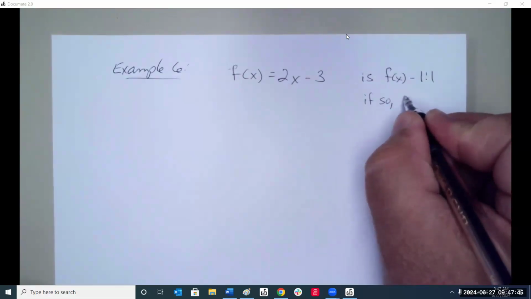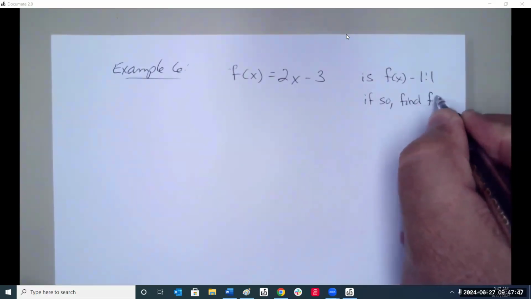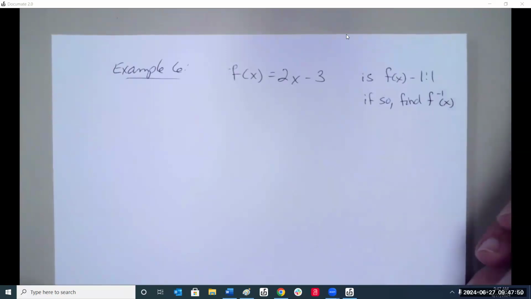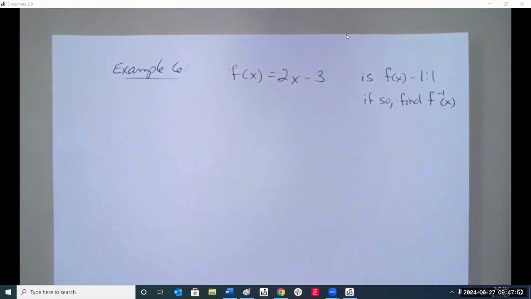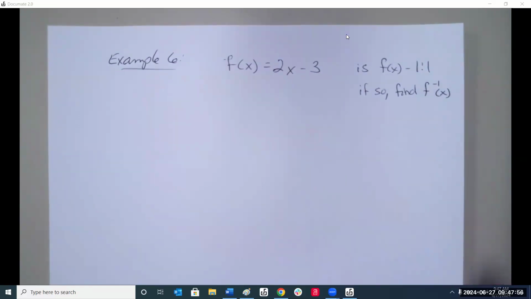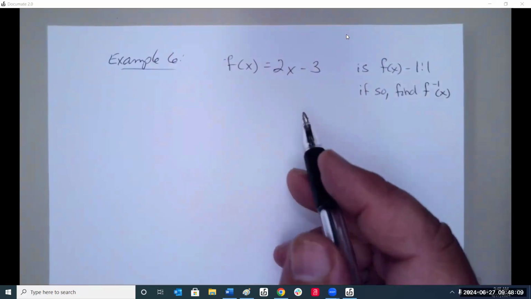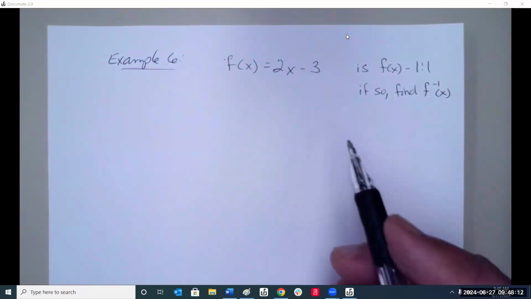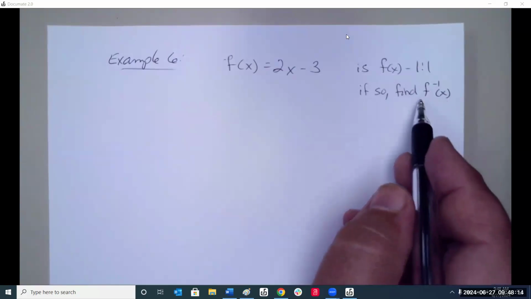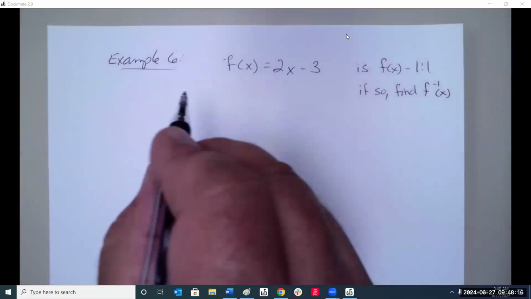If so, find the inverse. Is it one-to-one? How do we know? Because it's linear, and all linear equations pass the horizontal line test, and so it is one-to-one. So let's find the inverse.